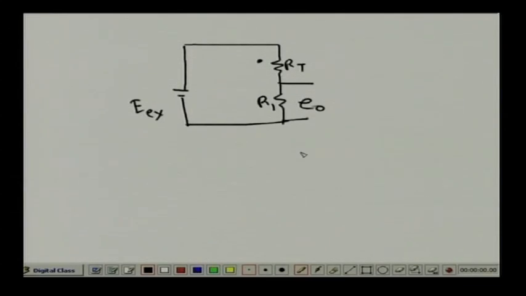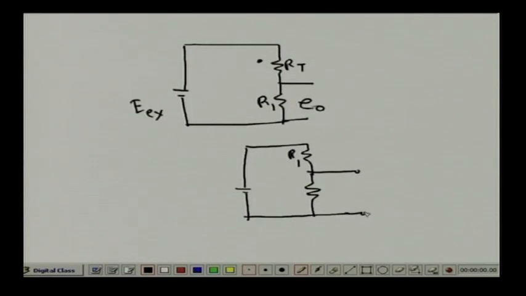Instead, what will happen if I make the circuit like this, with R 1 here and the thermistor here? You remember, some time back we discussed that instrumentation engineers must consider the loading effect on the thermistor in case of temperature.